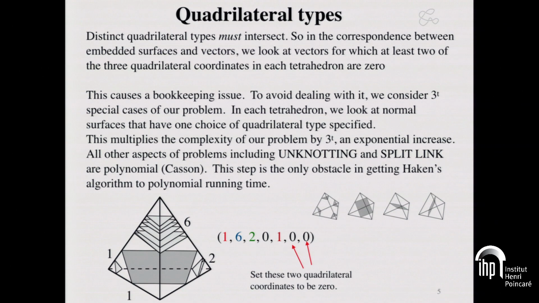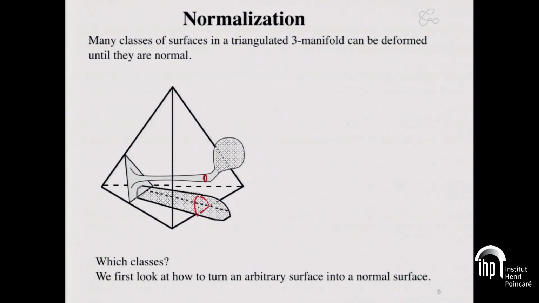You can just take the real function, which is the Euler characteristic of a normal surface, and maximize it, and it turns out that that will give you a solution to the process called normalization. And just as with curves, where we could take any curve at all and isotope it to become normal, we can do similar things with many classes of surfaces.